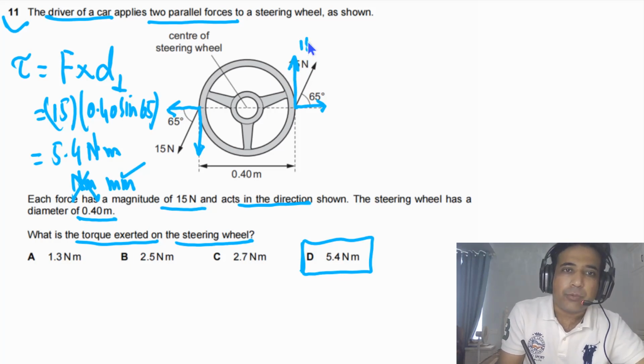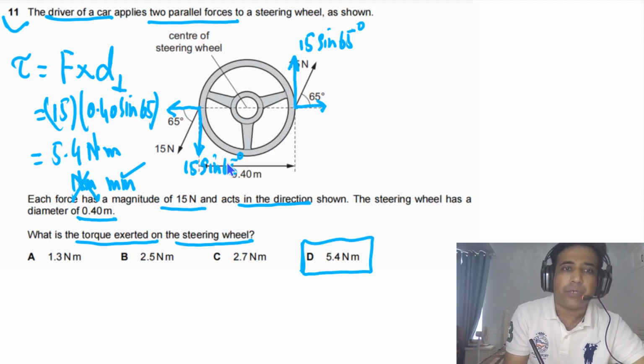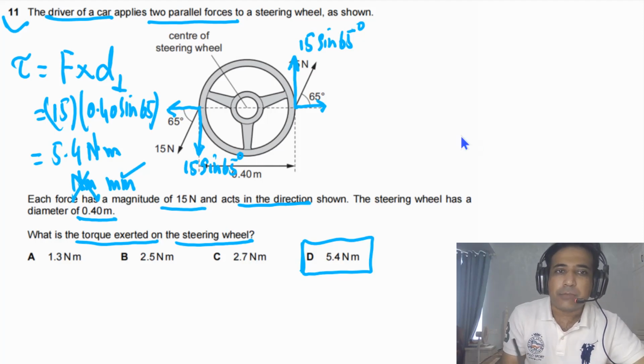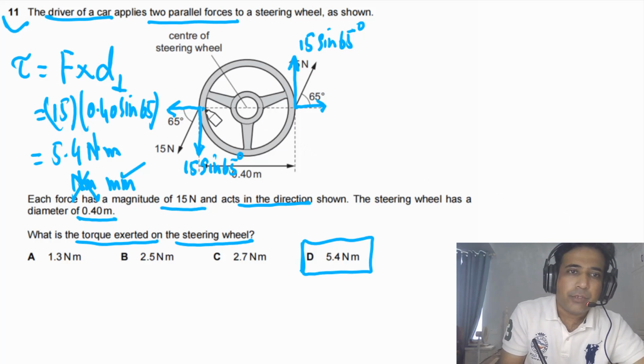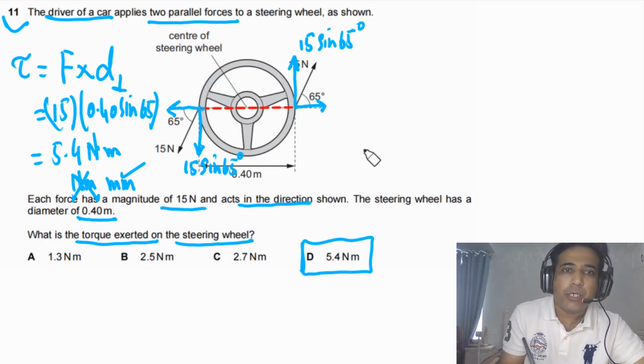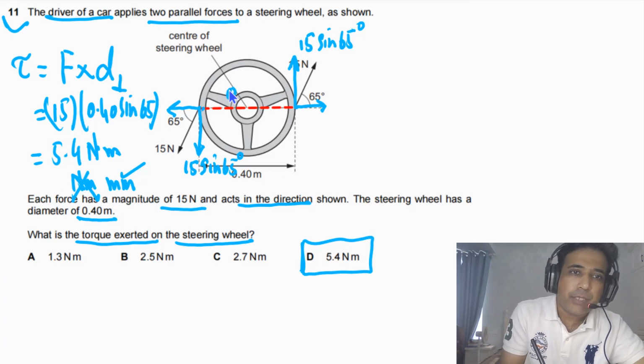This vertical component is 15 sine of 65 degrees, and this vertical component is also 15 sine of 65 degrees. The distance between them is equal to the diameter, so we can draw this line here. This is the perpendicular distance between these two force components, and this distance is 0.40.